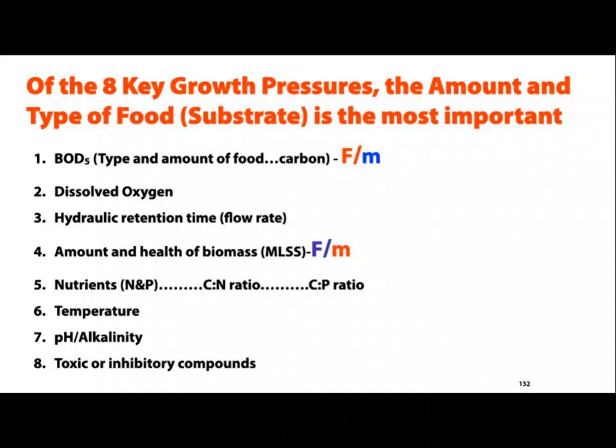They are all playing synergistically, antagonistically with each other. They never occur in isolation. They're always occurring overlapping. So getting a plant stabilized, I look at its 8 growth pressures as kind of like legs on a stool, and it's an 8-legged stool.